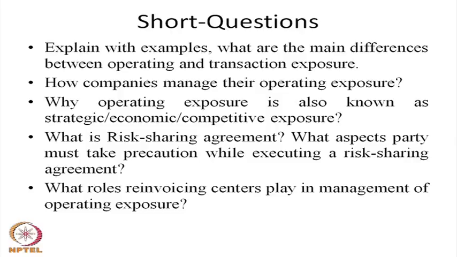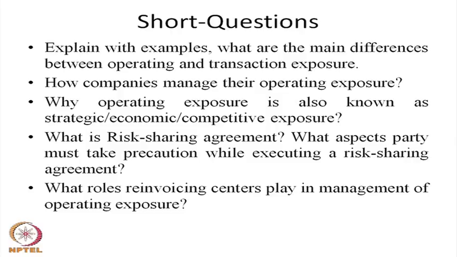Why is operating exposure also known as strategic, economic and competitive exposure? We have discussed that operating exposure affects the value of the company. Operating exposure needs to be addressed through strategic decisions by shifting the raw material, shifting the plant and machinery, sourcing the raw material from different sources, outsourcing the product and the production process, changing the technology, and diversifying the export.